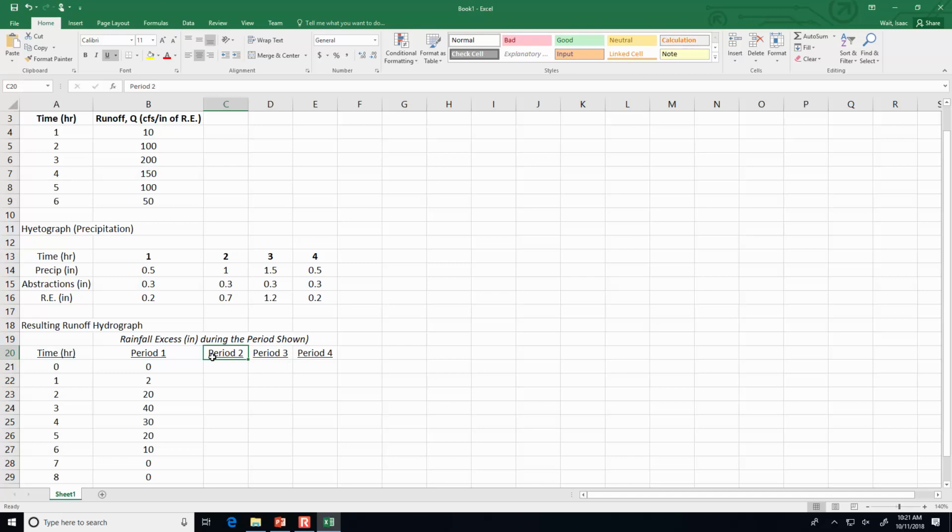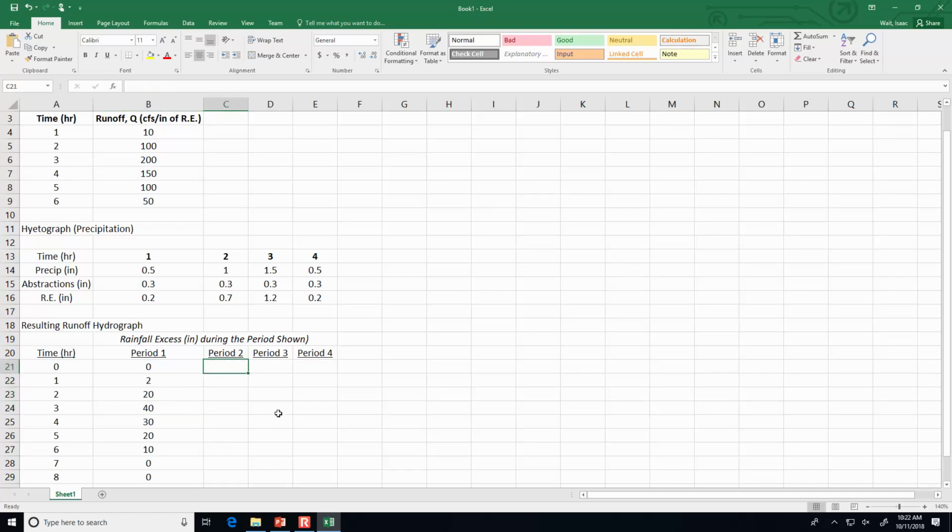It's raining from 1 to 2. So that's later than the first period was. So what we have to do is shift the unit hydrograph down by 1 row, because instead of starting at the same time as this started, we want to start the response to the event lower in our resulting hydrograph.